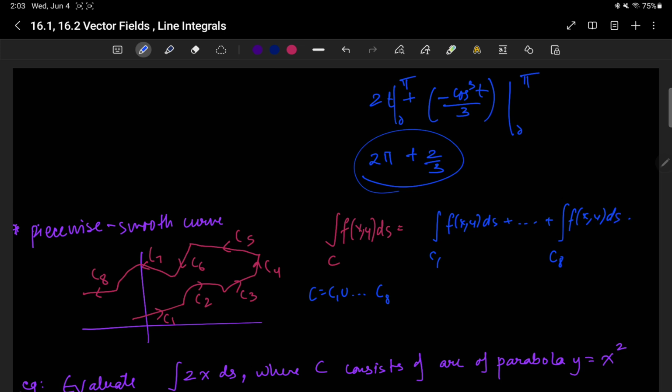Meaning you can have a curve C consisting of two different kinds of shapes, which can have two different types of parametrization, and we can still work with it, because as long as everything is smooth, you can just add the line integral values.